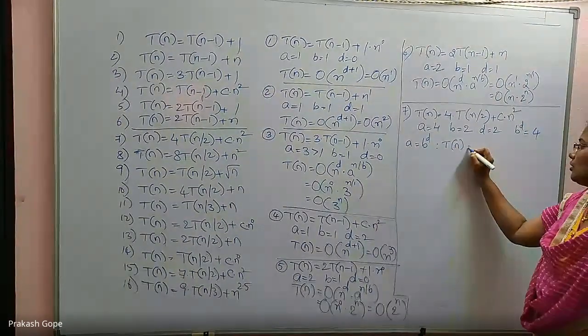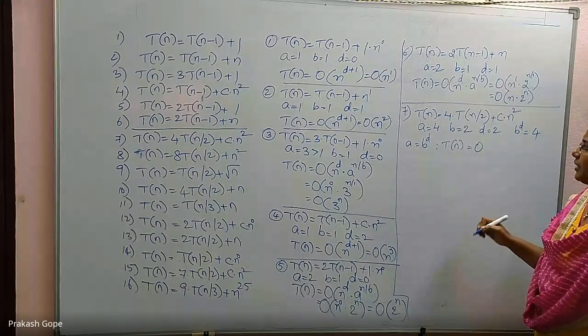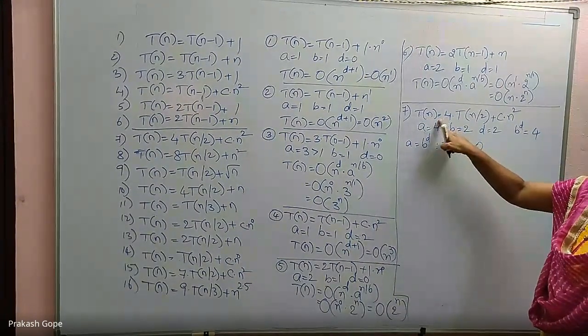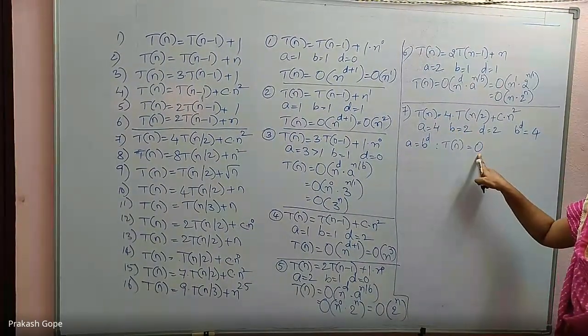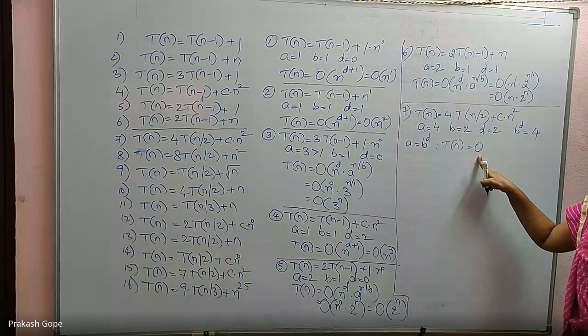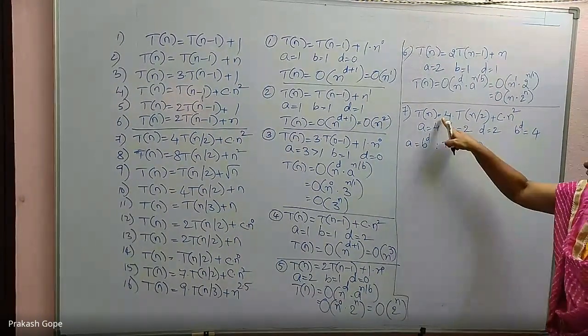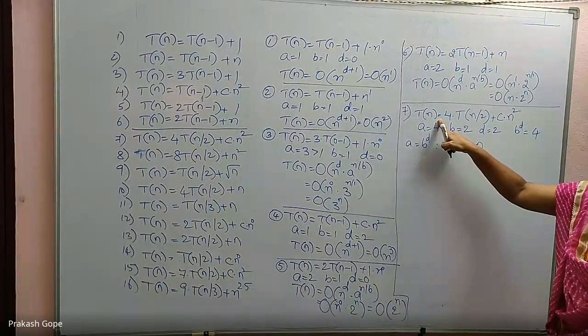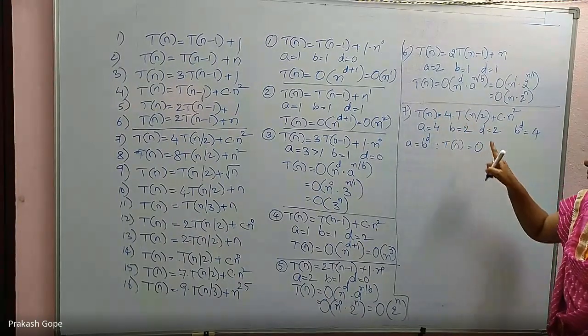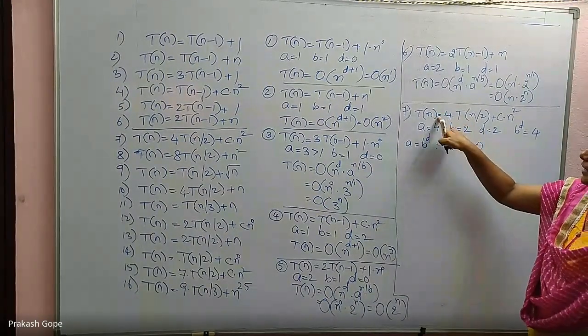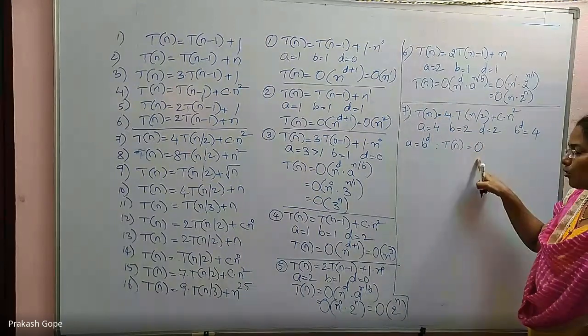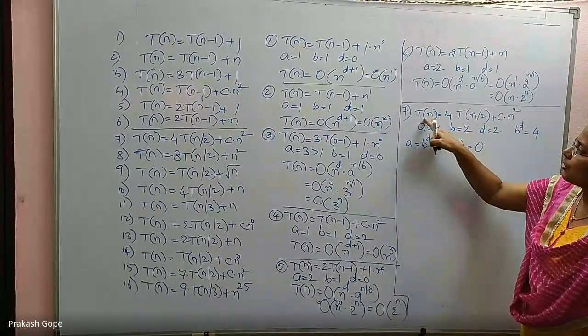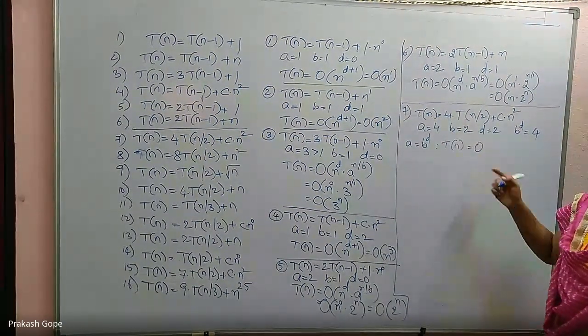A equal to B power D. T of n is equal to, we go on theta. As long as this is T of n is equal to, you can write it as theta, big omega, all of it. If it is less than or equal to, you must write only big O. If it is greater than or equal to, you must write only omega. Because this is equal to, you can write theta also.